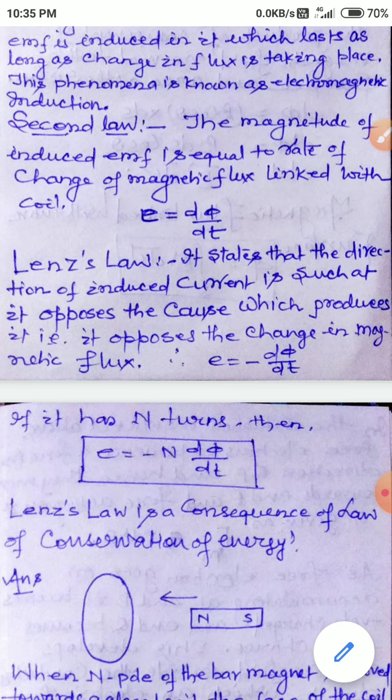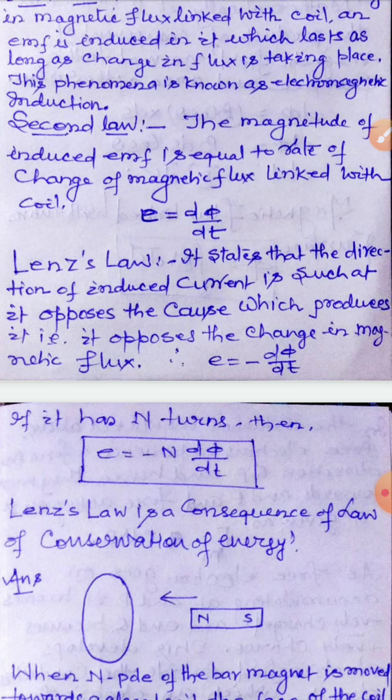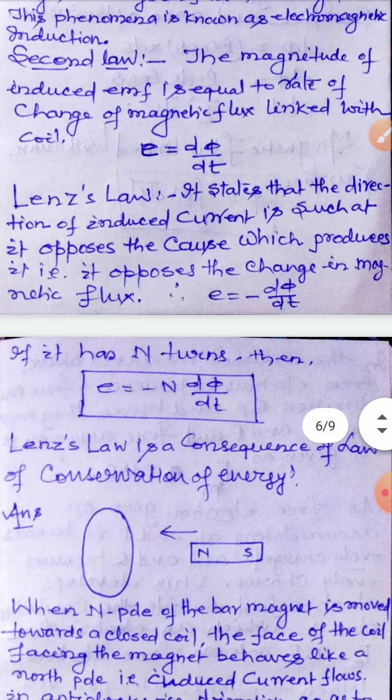Now, what is the direction of induced current? This is answered by Lenz's law, which may be treated as the third law of electromagnetic induction, which says that the direction of induced current is such that it opposes the cause which produces it.